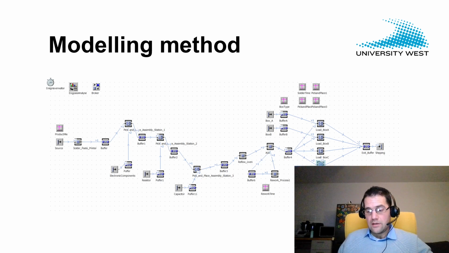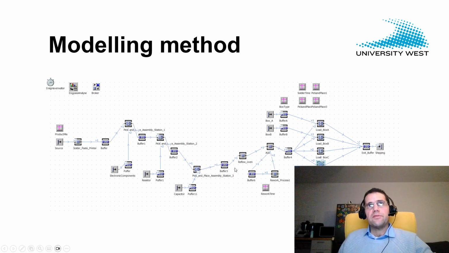The PCB is simulated as a container. In each assembly station, other electronic components are added on top of it. Then it flows through all the assembly stations.